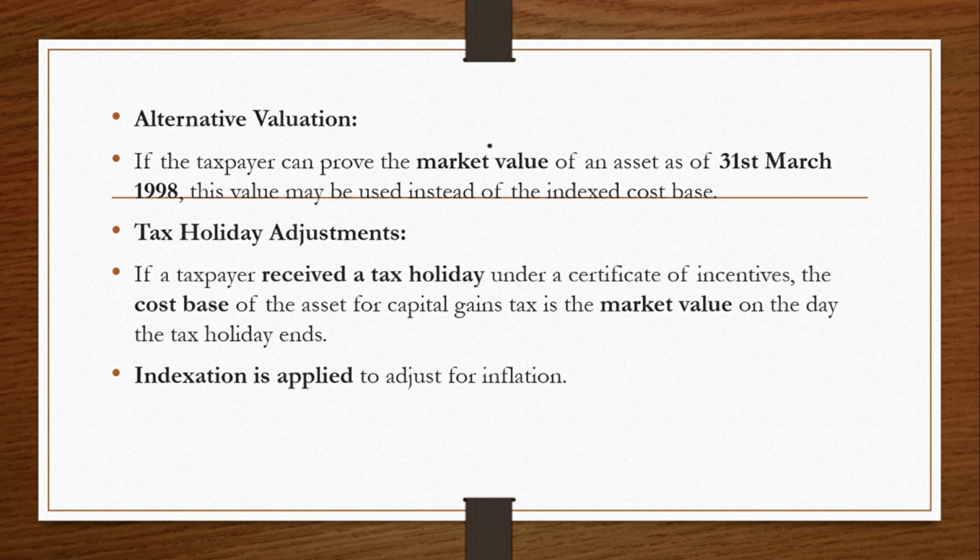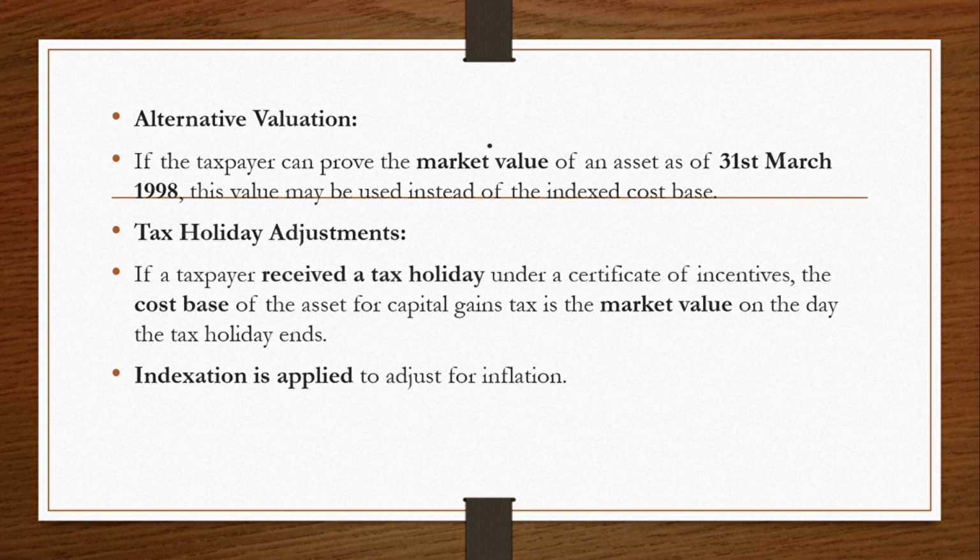the tax holiday expires. For example, if a factory was built in 2010 under a 10-year tax holiday, it will have a cost base set at its market value, not the costs that were incurred to build the factory, but they will consider the market value when that tax holiday of 10 years expires.